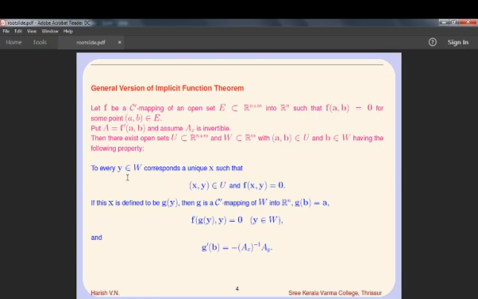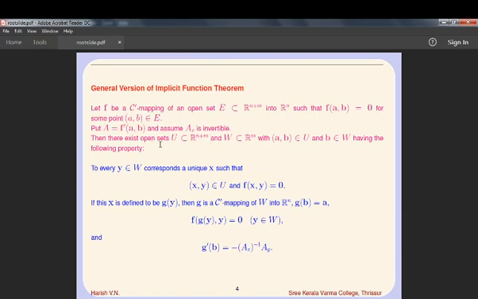Now look at the linear transformation A equal to f dash of a b. Remember, derivative is a linear transformation. So A is from where to where? This linear transformation is from Rn plus m into Rn.